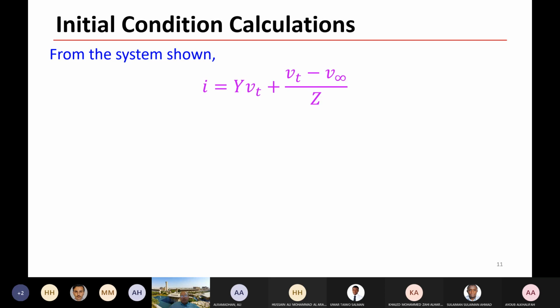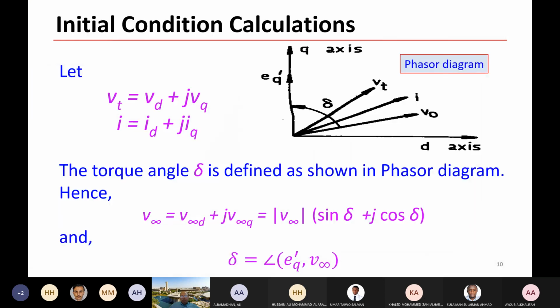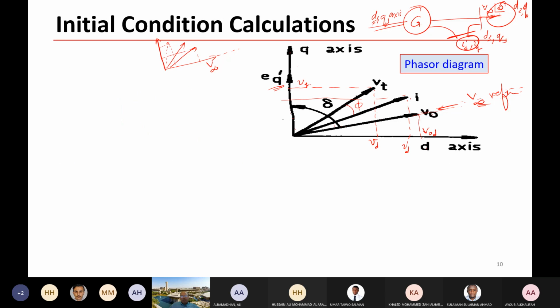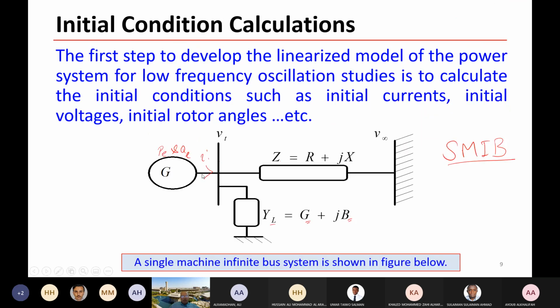If you go to the system here, we can write, of course, IT, the output current of the machine. We can write it as I1 plus I2, and I2 equal to what?